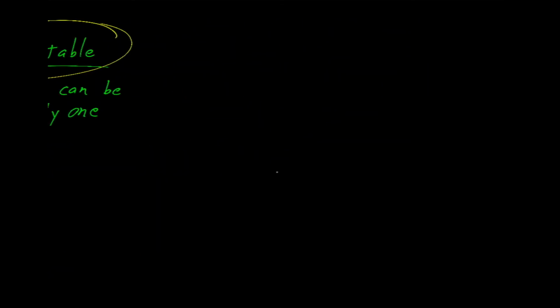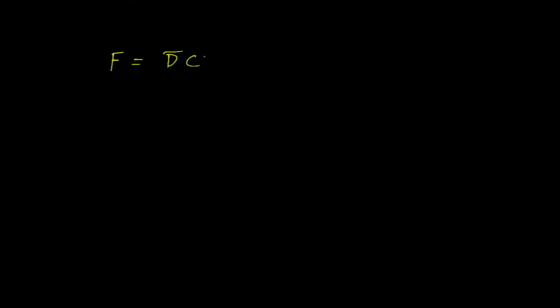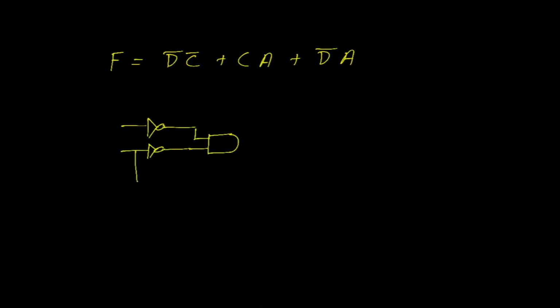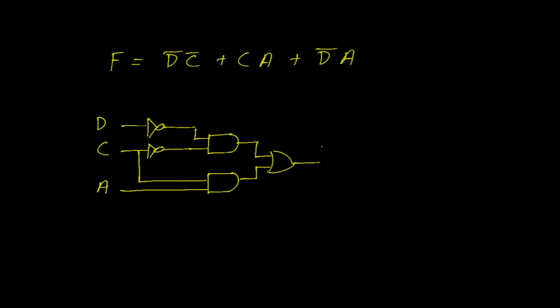As an example, I'm going to present three different representations. The first one, F is equal to D naught C naught, or CA, or D naught A. Our next circuit is G. Given inputs D, C, and A, we have an output G. This is the first circuit we're going to consider.